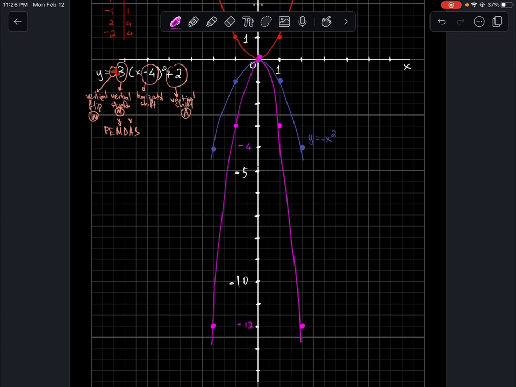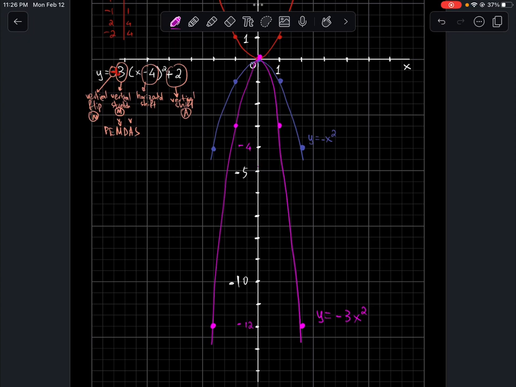So what I have done now, I have multiplied 3 the blue one. So the pink one is whatever the blue used to be, but times 3. So this is the equation of the pink one.